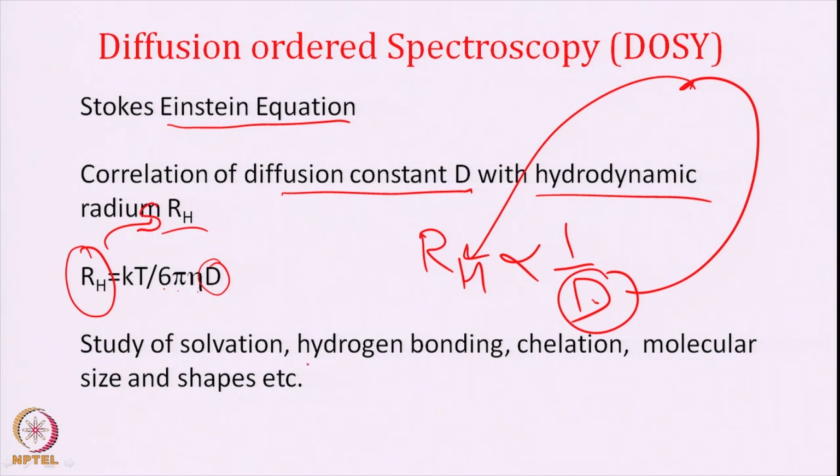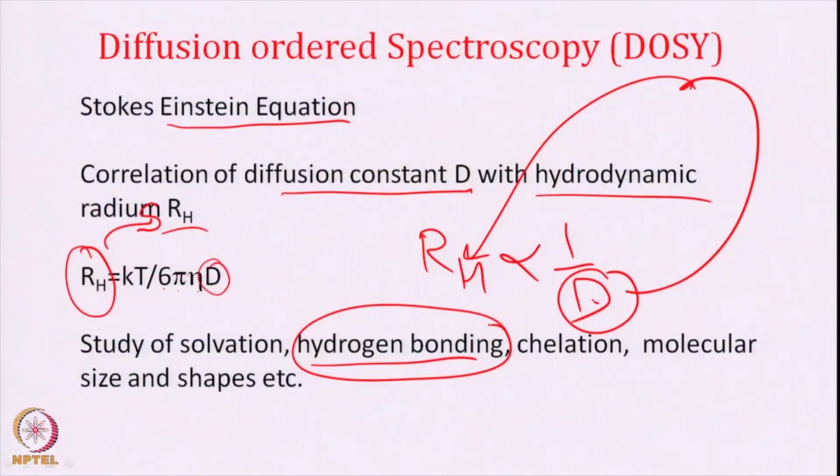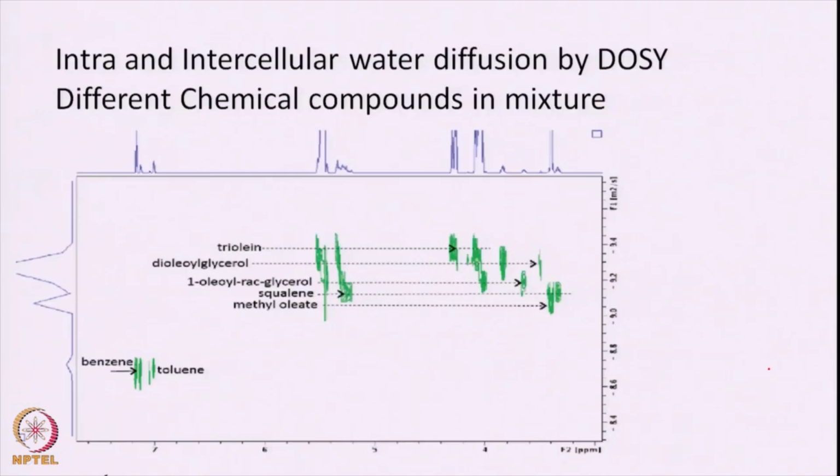You can study hydrogen bonding. Suppose this molecule in normal case is not hydrogen bonded, but in some case it forms a hydrogen bond, so its effective size changes, and then one can study whether it is hydrogen bonding or not. You can also study chelation and, of course, molecular shape and size, how molecules are diffusing in a particular solution.